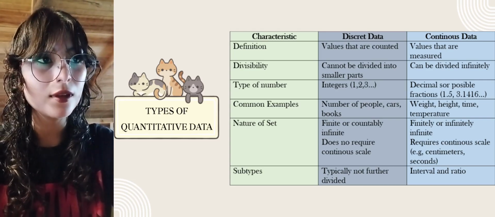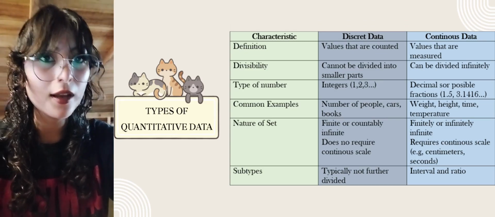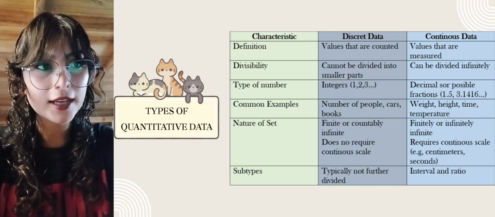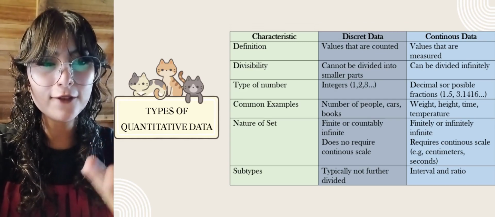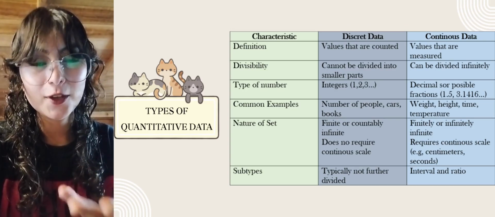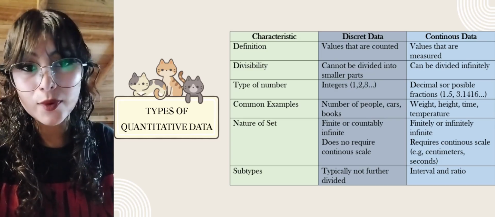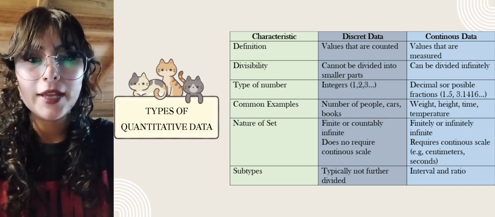Common examples: weight, height, time, temperature. Nature of set: infinite, requires a continuous scale, for example, seconds. Subtypes: interval and ratio.